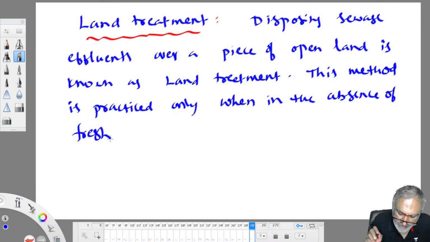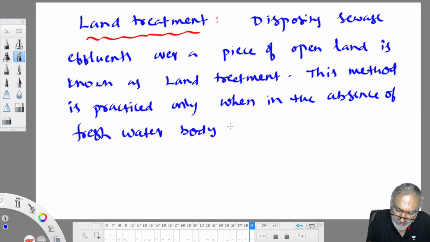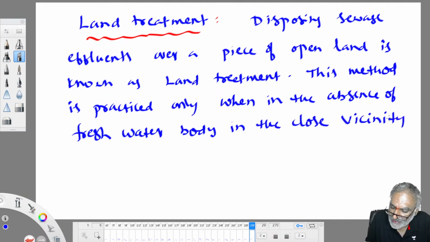Land treatment or dilution, only the best method in the absence of a fresh water body in the close vicinity of a community. In the close surroundings, no fresh water body is there, no river is there, then there is no option left with you, you have to go for land treatment.